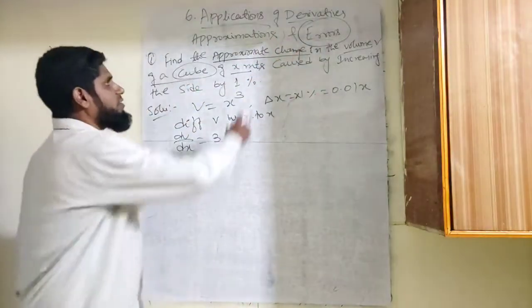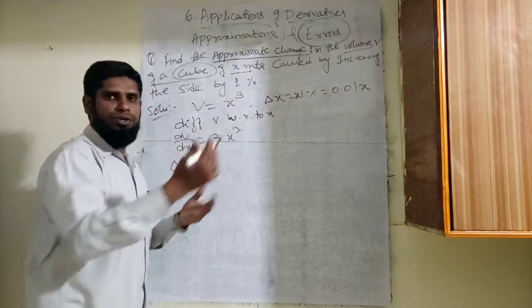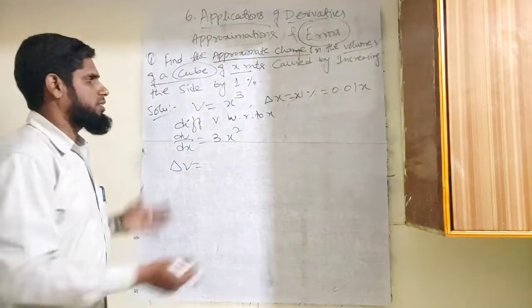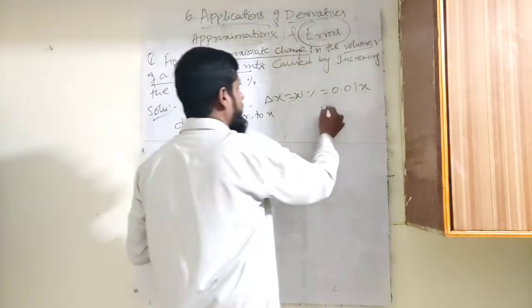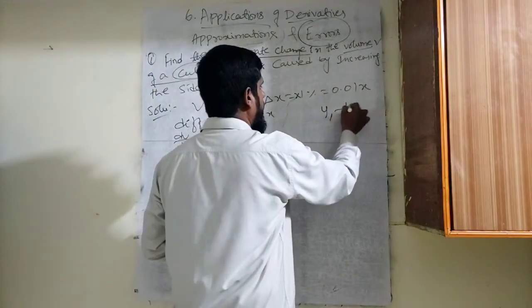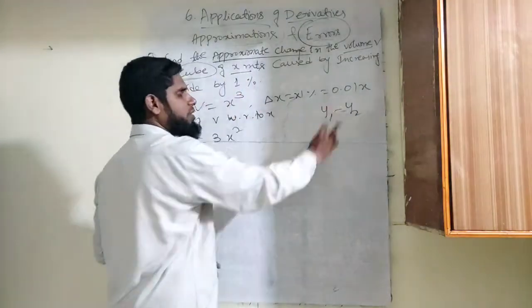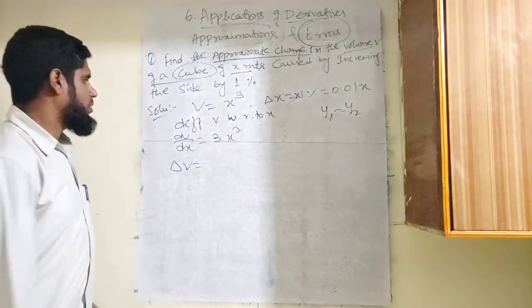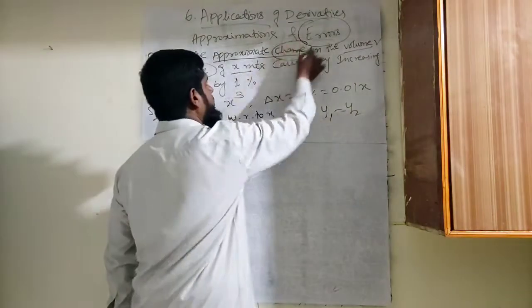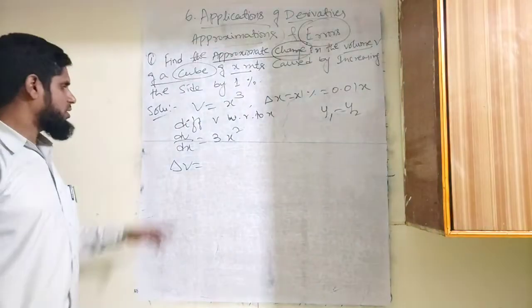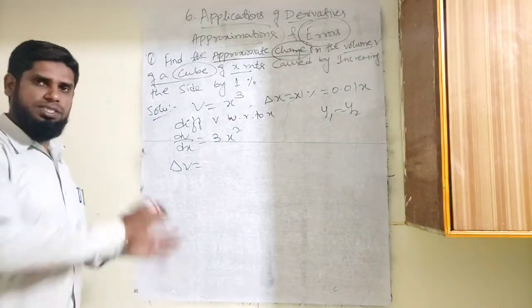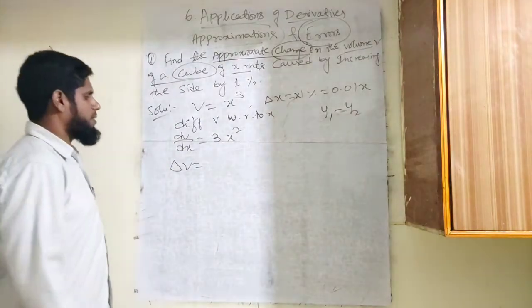Whenever we say it is a change, it is y2 minus y1. Y is shifting from 1 to 2, or change means y2 minus y1 or y1 minus y2. But whenever we get the word change, it is considered as delta V. It is changing. It is error.